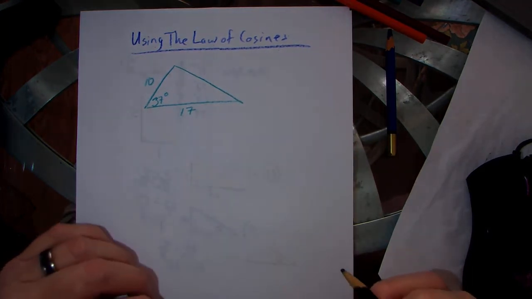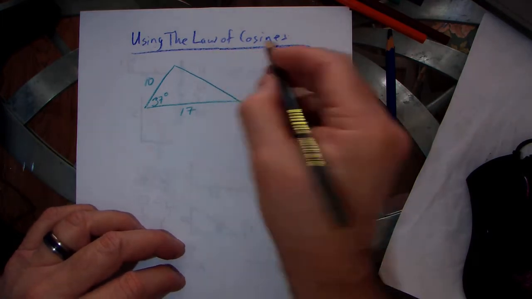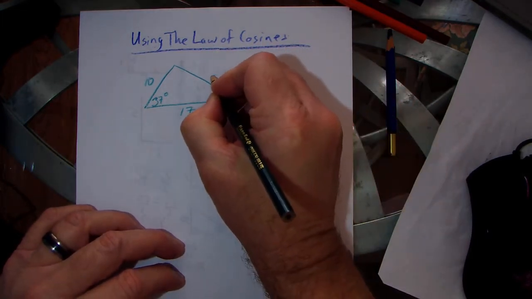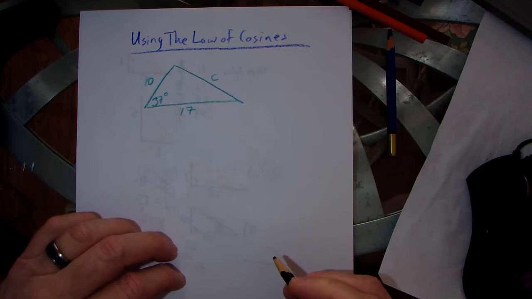The law of cosines actually allows us to figure out how big that opposite side is.